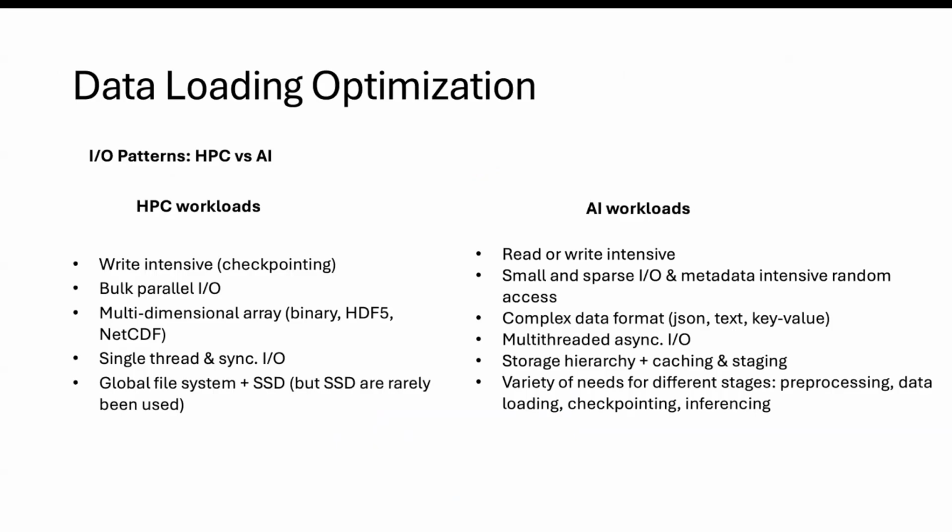So these are the data pipelines. Of course, the main thing that I want to talk about is performance. We want to make sure that you can load all the data efficiently. Machine learning or AI has a distinct I/O pattern compared to traditional HPC workloads. Traditionally, if you do molecular dynamics simulations or climate modeling, you generate the data and then write it out.